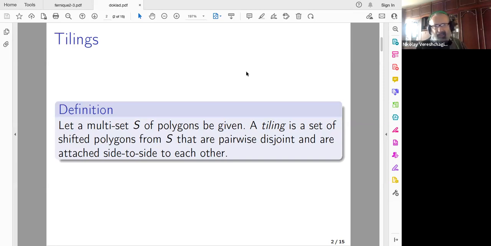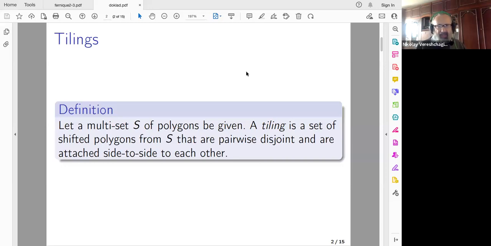And we consider tilings. A tiling is just a set of shifted polygons from the set, which are not overlapping, meaning that they do not share interior points, but they can share certain points on the border.